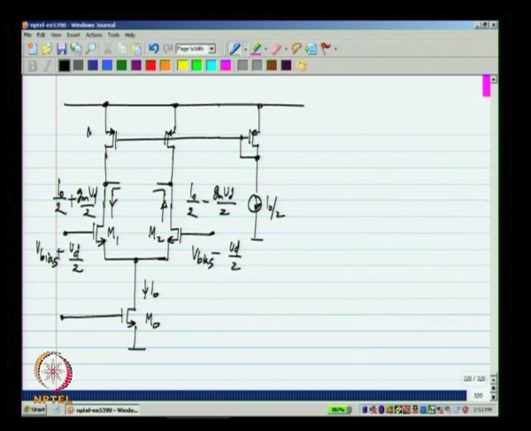Okay, let me assume these transistors are all identical. Okay, M3 prime, M3 and M4, and bias them with I naught by 2. What will happen? It is very easy to see when I make the common mode half circuit of this, that is I take this half of the circuit and fold it over the other half. Okay.